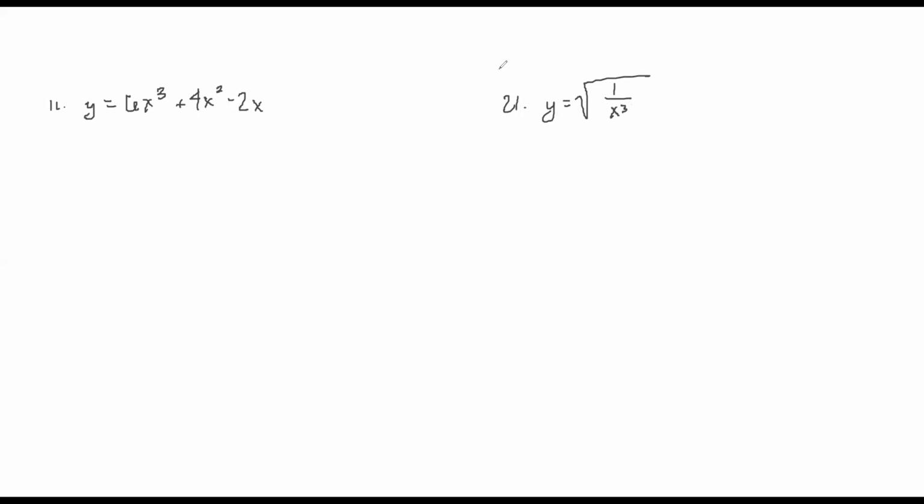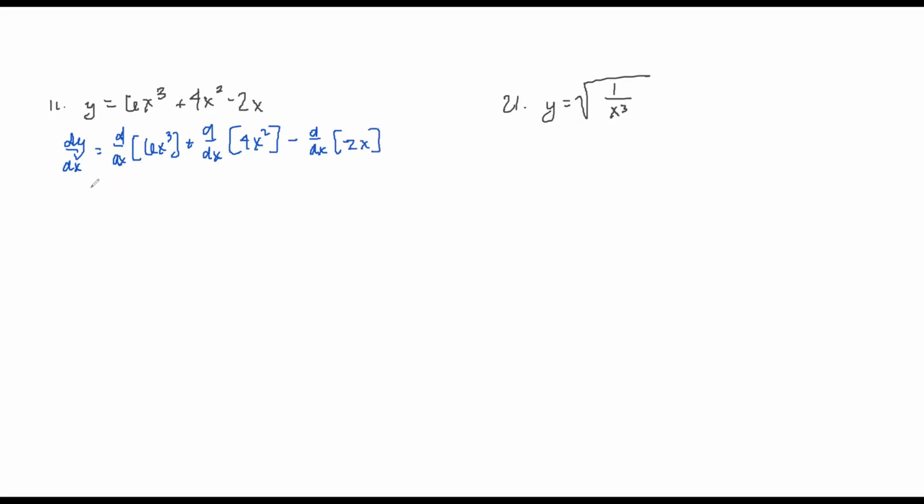For number 11, basically the rule to remember here is that the derivative of a sum is equal to the sum of the derivatives. So I can just say that this is the derivative of 6x cubed plus the derivative of 4x squared minus the derivative of 2x.